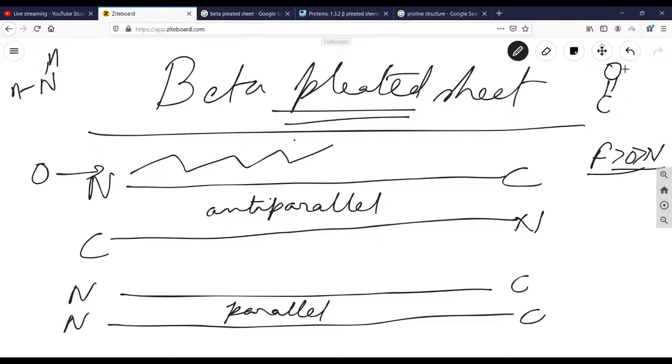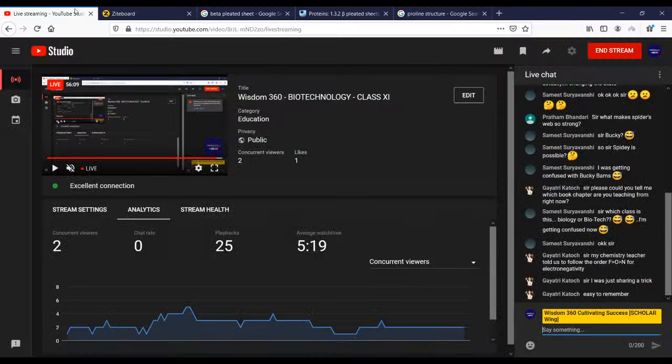I just told you O is more electronegative than C here, N is more electronegative than H here. But this trick is also a good one, and I also came to know about it in my class 11th. My teacher told me the same thing. So the Pauling scale is there. Just Google the Pauling scale if you want to know about electronegativity in detail. It's a very good thing.